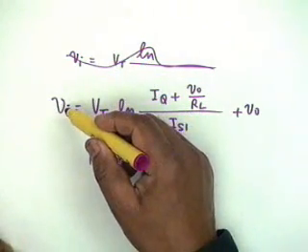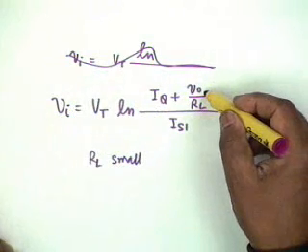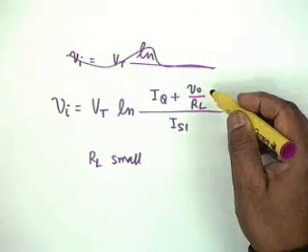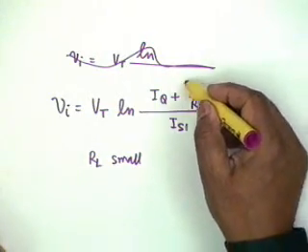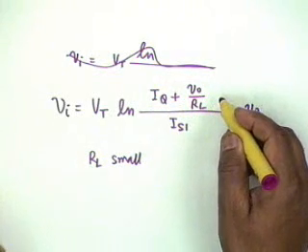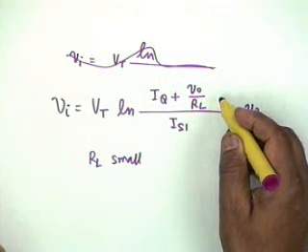because when VI is negative, V0 will also be negative. It's an emitter follower after all. V0 will also be negative, and there is a possibility that this term may go to 0 or negative. Is that clear?